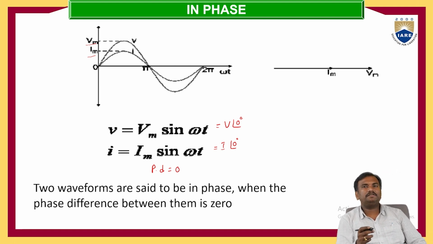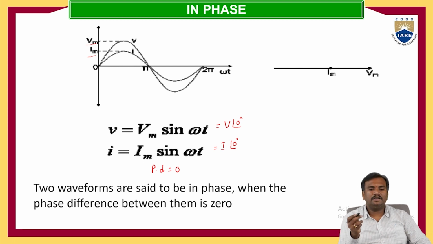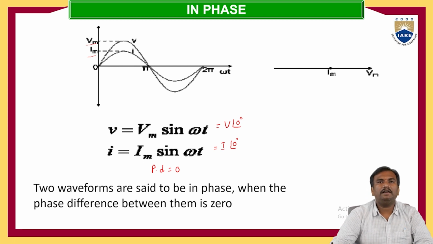When the phase difference between the two waveforms is 0, they are said to be in phase. In phase means that if we draw the vector diagram or phasor diagram, both are on the same line, with a change in the magnitude.